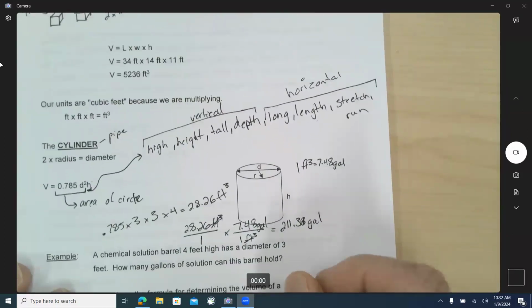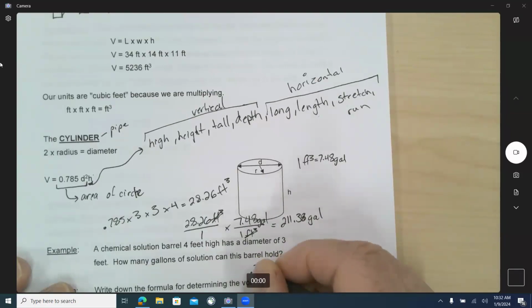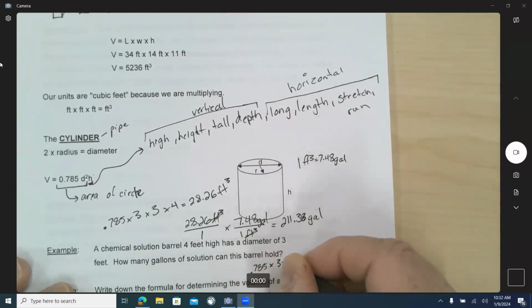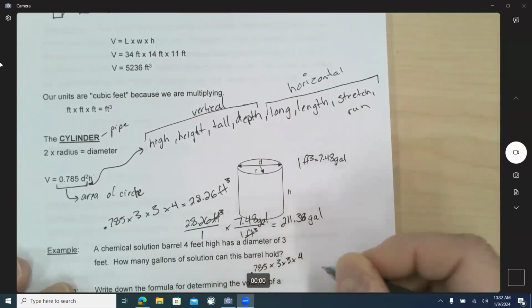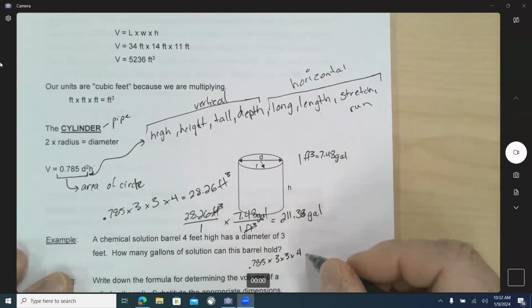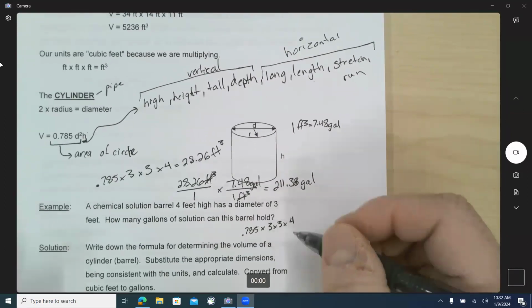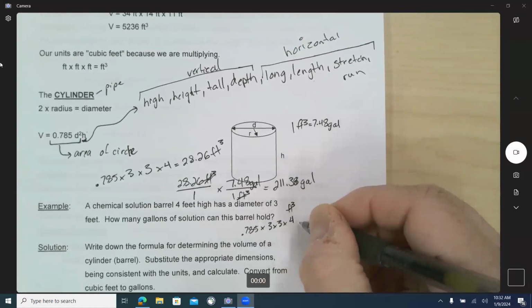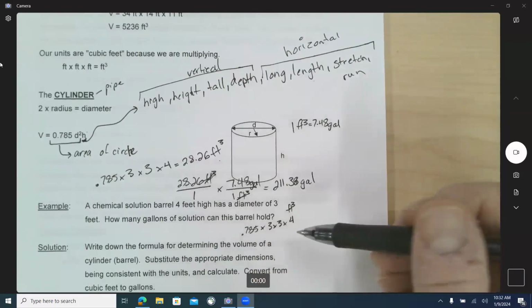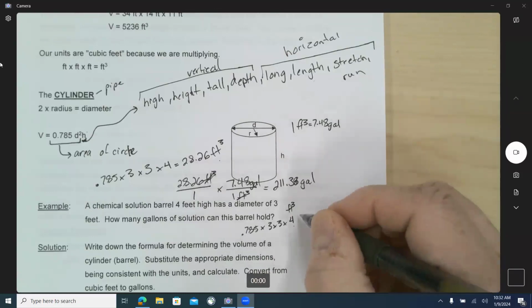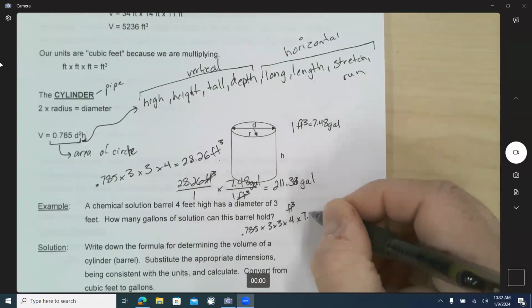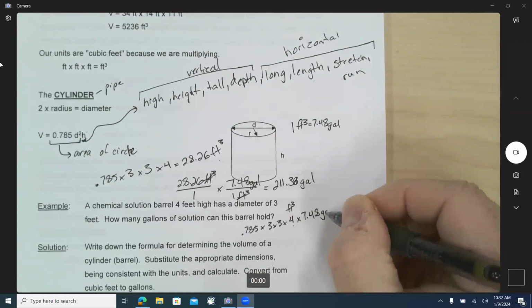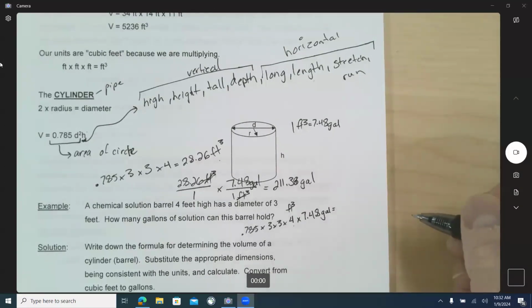If I write this out as 0.785 times 3 times 3 times 4, what are my units going to be at the end of this? I'm going to be at cubic feet, correct? That's what we got. Well, how do we get cubic feet to gallons? We multiply by 7.48, and that will convert it to gallons.